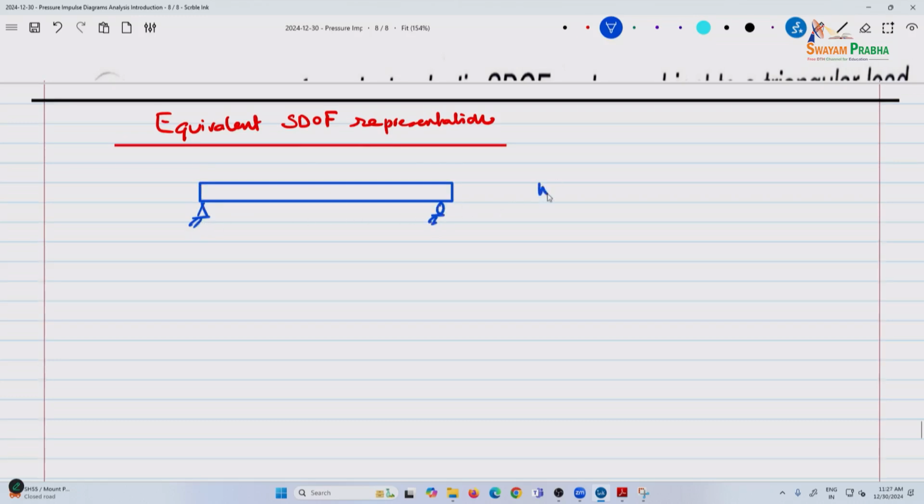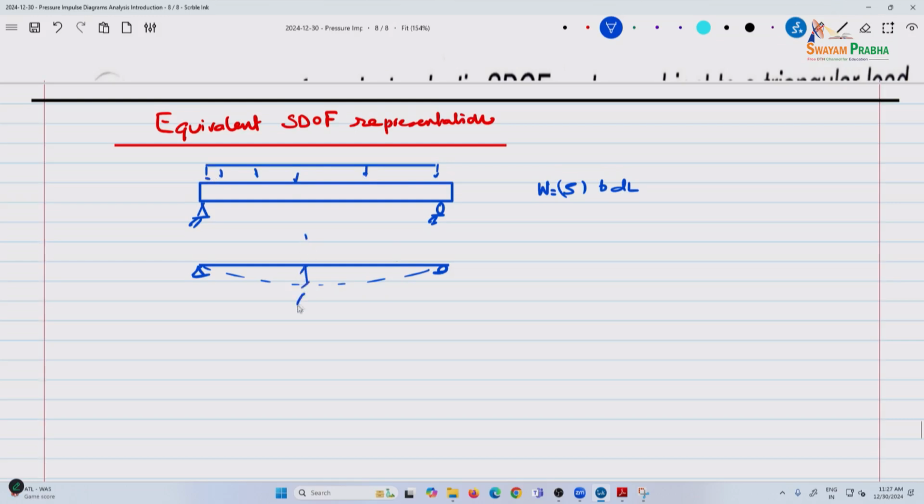So clearly the weight is going to be your mass density multiplied by your volume, B, D and L. Let's say it's rectangular. We simply represent this as a line, especially if it has a distributed loading, and say this is the deflection.